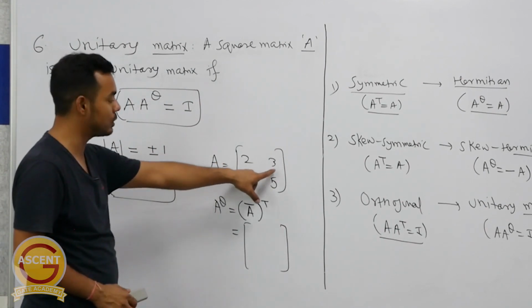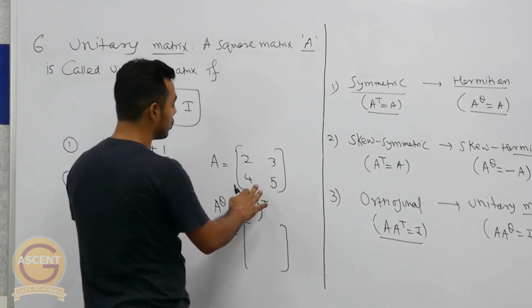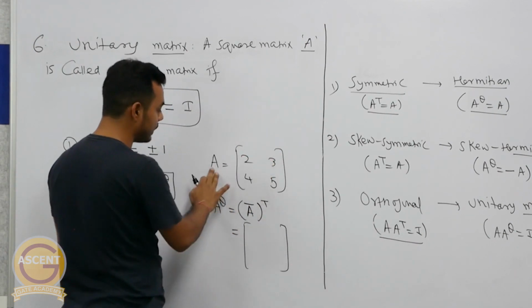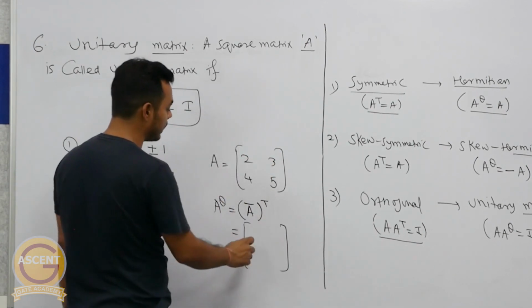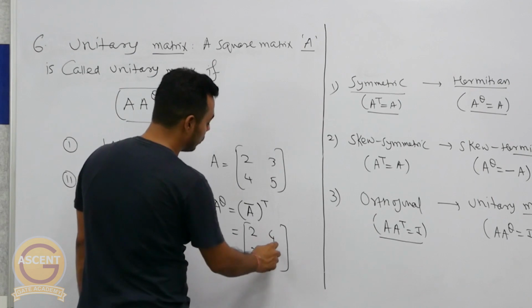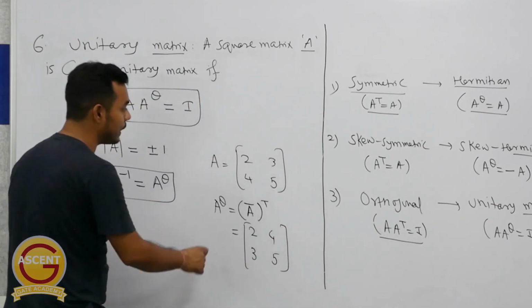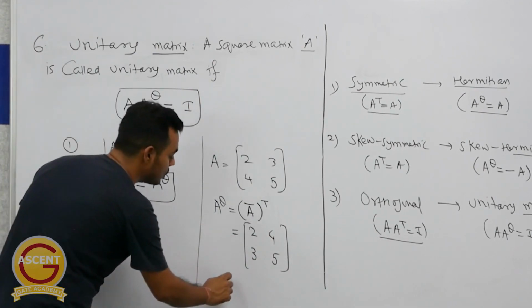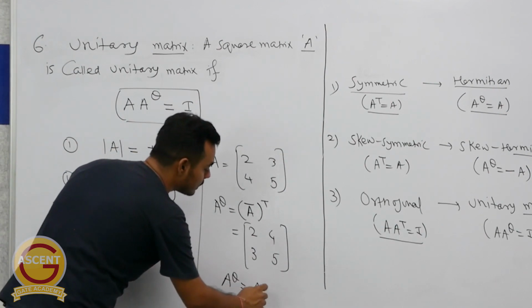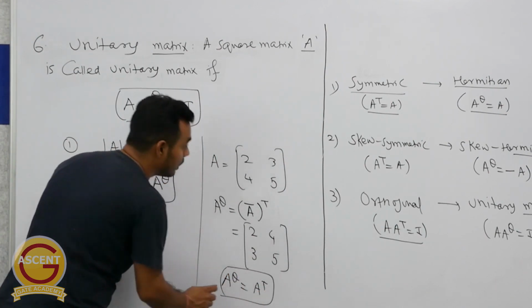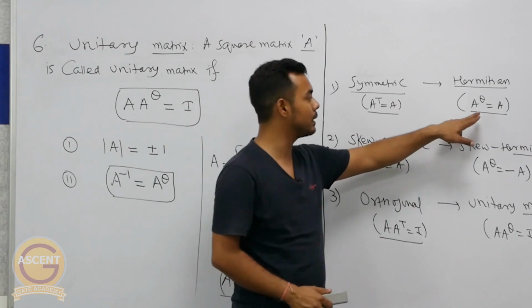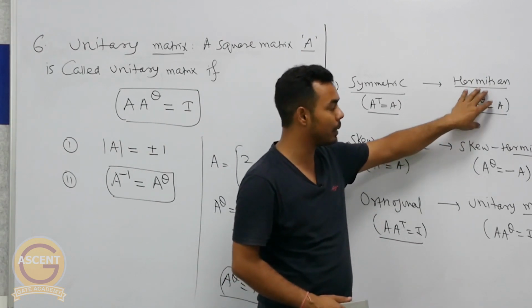Conjugate of 2 is 2, conjugate of 3 is 3, and so on. So conjugate of this matrix A is the same matrix, and basically we have to take the transpose. So in case of a matrix of real numbers, conjugate transpose of A is nothing but A transpose.